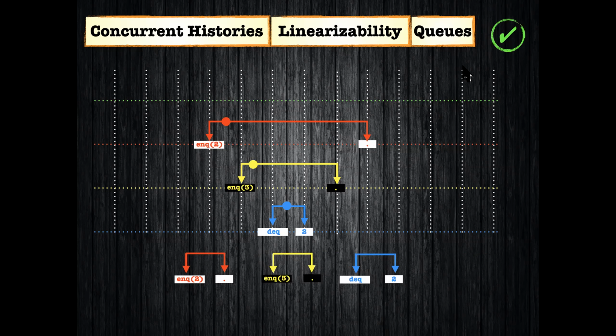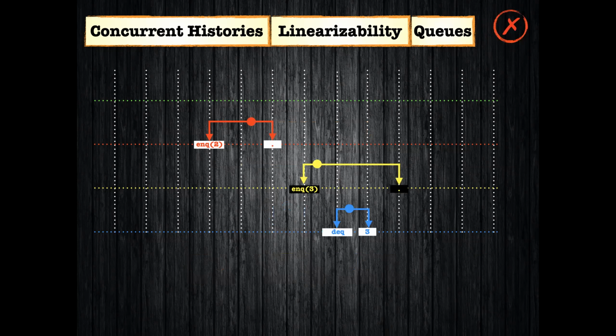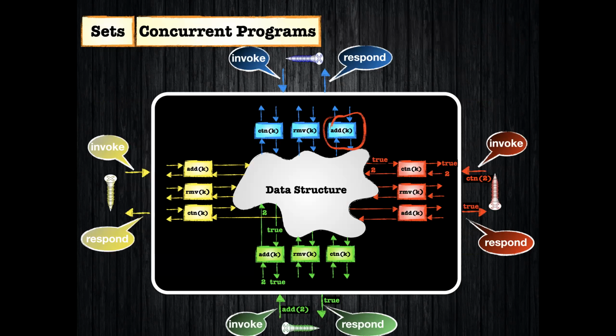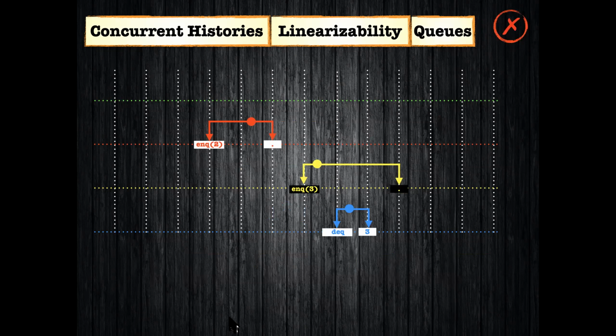This is a valid history with respect to queues, because you can have these linearization points which give you this sequential history, which in turn satisfies the abstract data type Q. This was not valid, because however you choose your linearization points, you will always violate the behavior of the abstract data type Q. And this means that this concurrent history is not linearizable with respect to the abstract data type Q. Why?